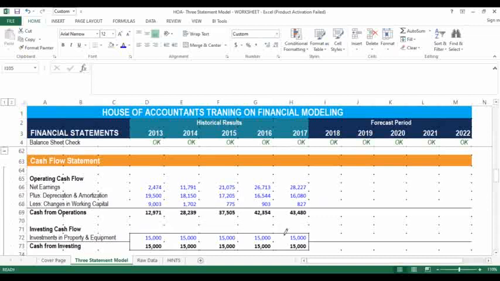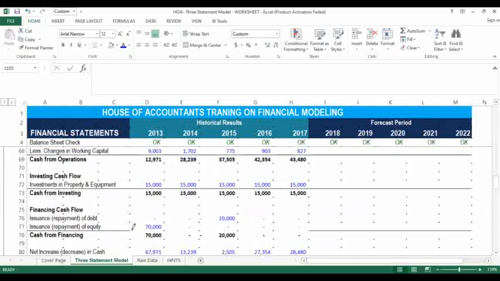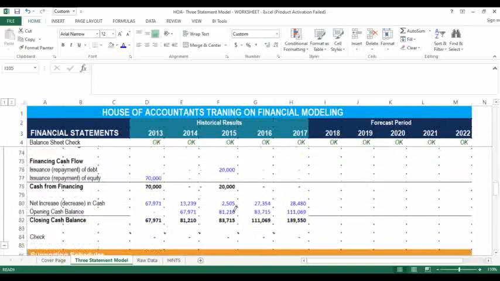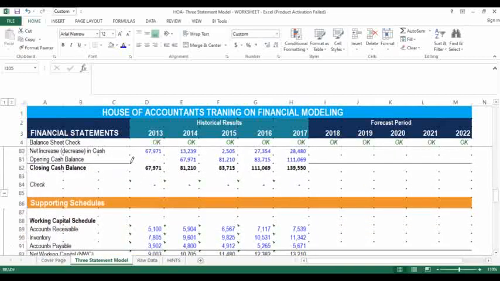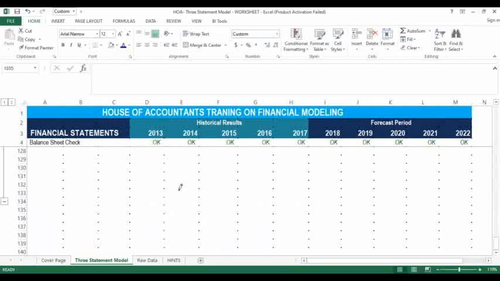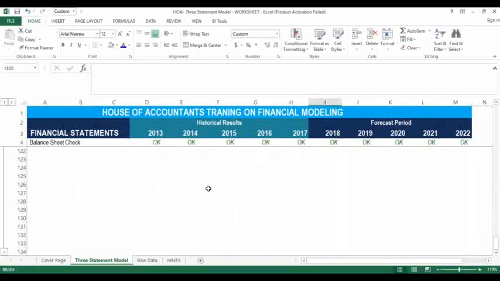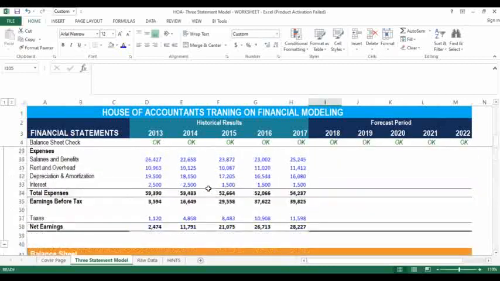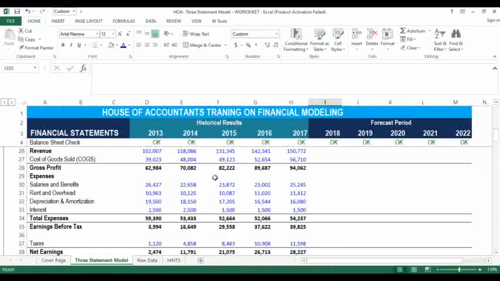So after this now, we are going to forecasting straight away. We take the assumptions step by step. So we are still going back to our guidance, our manual, so that we know what is the next thing to do. So I think we are good now. Let me try to save.